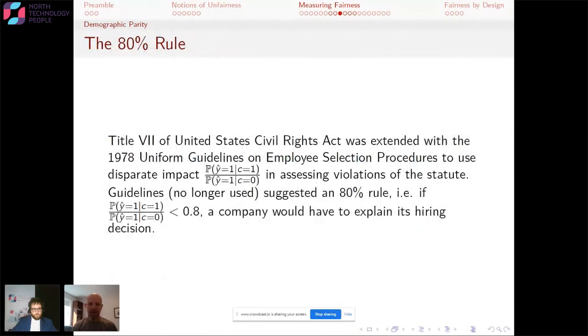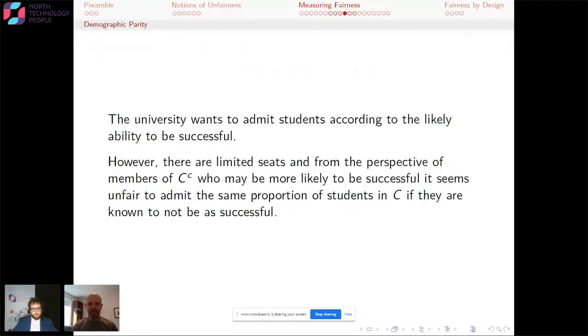It's covered under Title VII of the United States Civil Rights Act, and in fact this was put in place in 1978 with the guidance that the ratio cannot be any less than 0.8. That is, people in the protected group should not be getting job offers at a rate less than 80% of that of the non-protected group. Again, this looks at, of all the people who applied, how many got a job offer. Turns out there are a lot of problems with this particular approach.